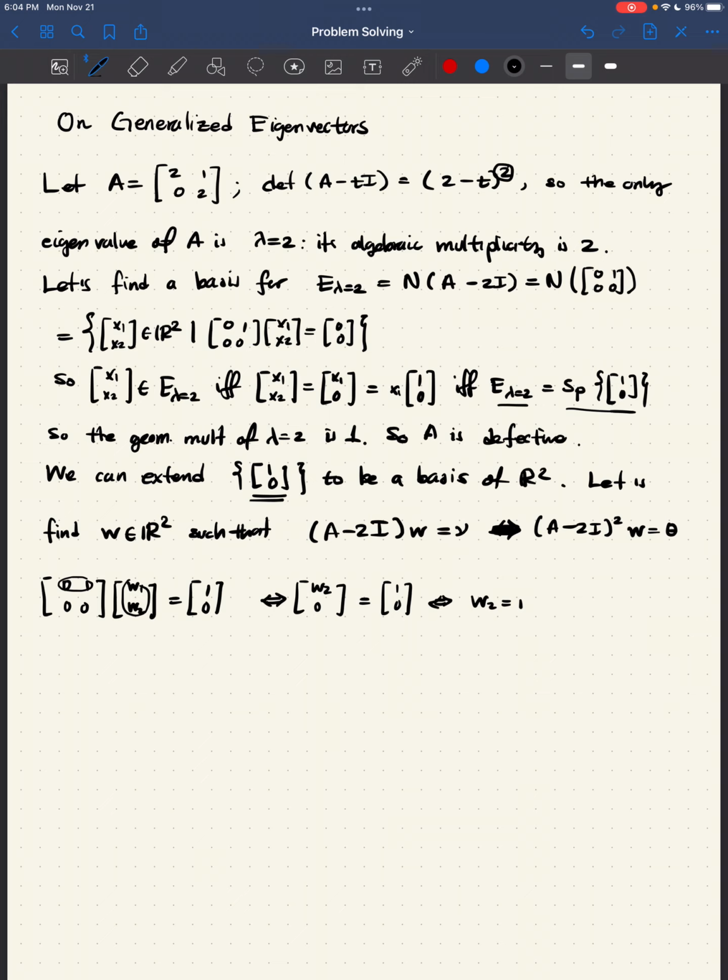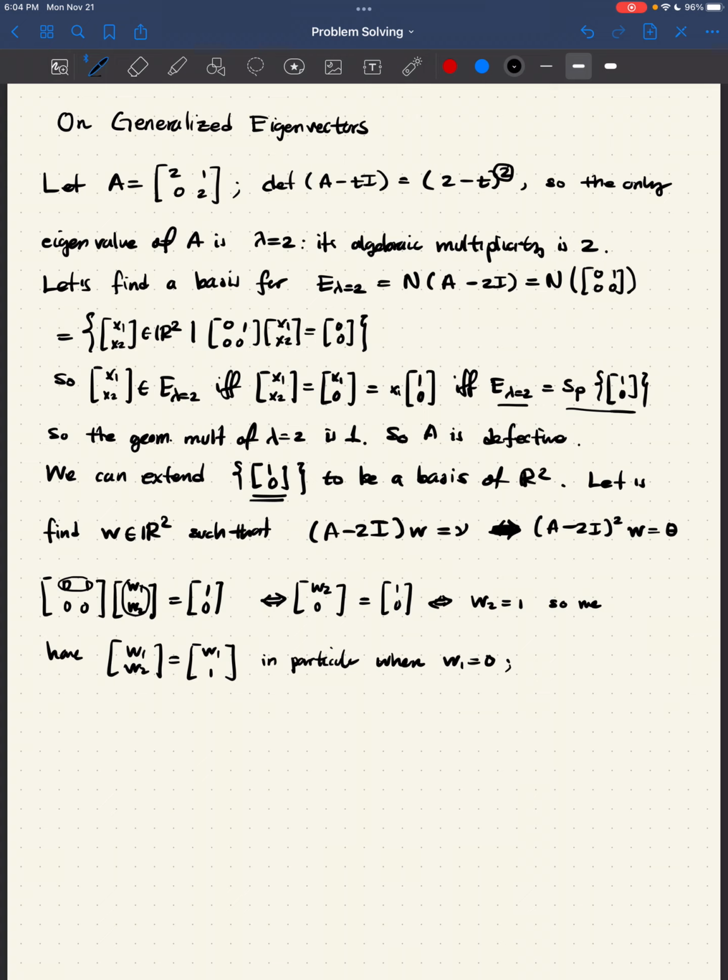So we have that w1, w2 is equal to whatever we wish in w1, but with a 1 here. So in particular, when w1 is 0.